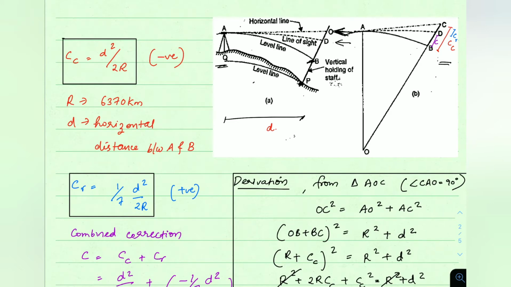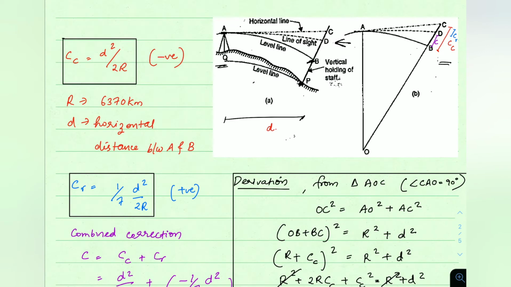So actually the value at C is now decreased to value at D. Suppose now the value is at D. So in order to make it at C, what we have to do? We have to add that value. So correction due to refraction is positive. Okay, I hope you understood what I'm telling.